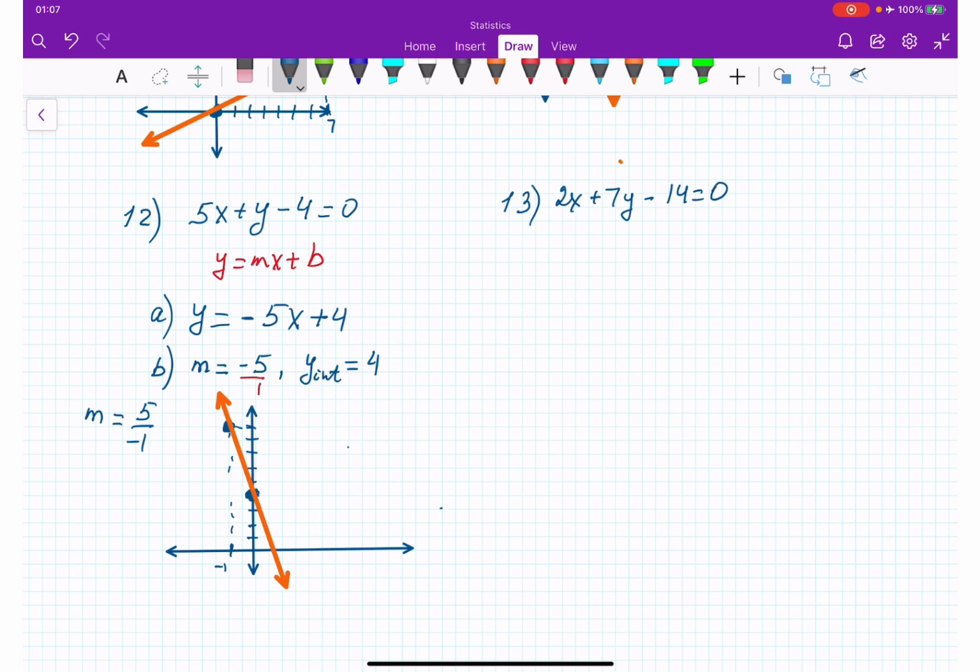Every time you need to graph an equation like this in the form of slope-intercept, you always have to bring it to the format y is equal to mx plus b, which we will do. 7y is equal to negative 2x plus 14, right?